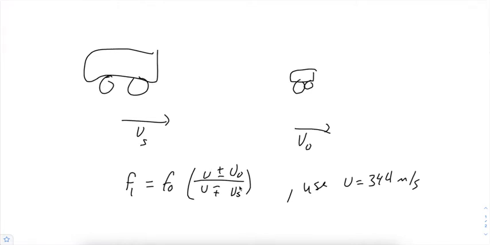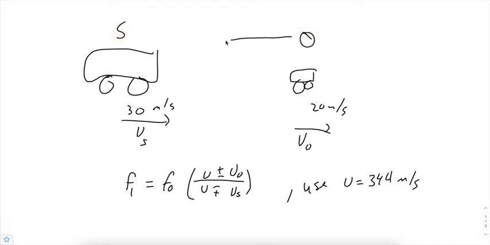Okay, now we got to figure out the pluses and minuses. So this guy is going 30. This guy is going 20 meters per second. I got to figure out whether to use pluses or minuses here. So the key is here's my listener or observer. Here's my source.